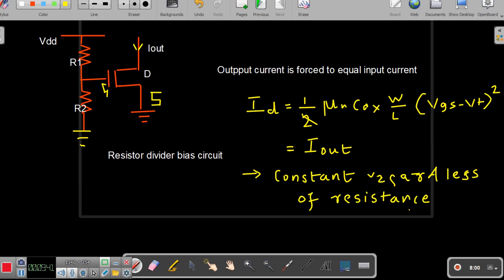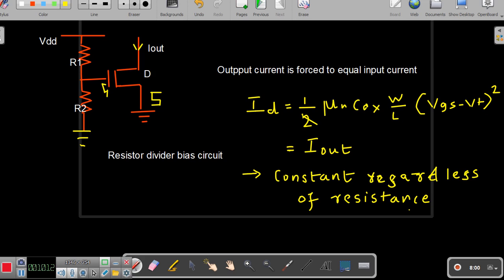I expect all of you to please note down these things. So the output current will always be required to be constant regardless of the resistance.